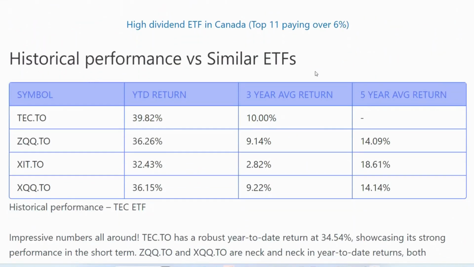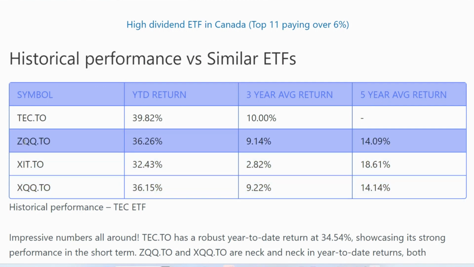Now, in terms of historical performance, I compare TEC to similar ETFs. So we have ZQQ, an index ETF that tracks the NASDAQ 100. We have also XIT from iShares, ZQQ is from BMO, and XQQ also from iShares.